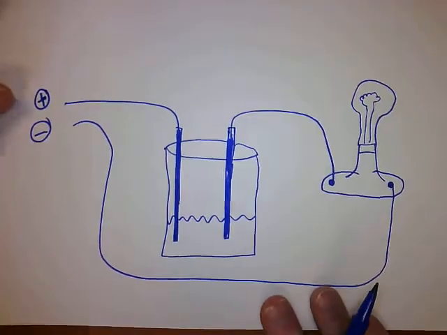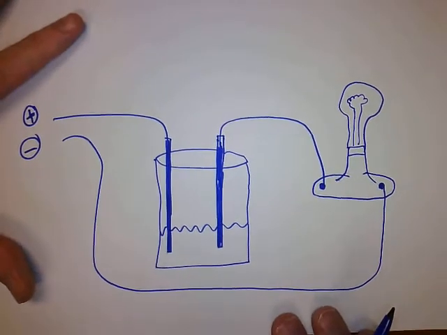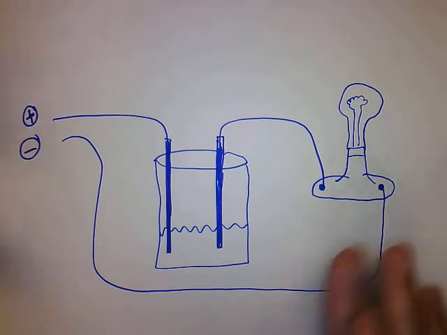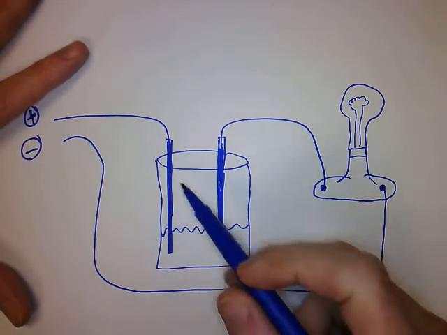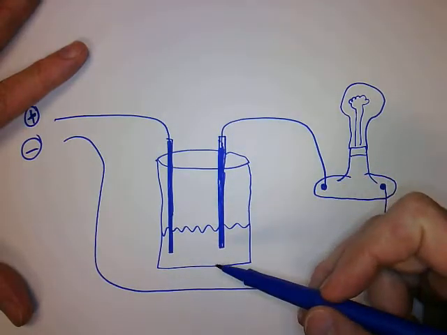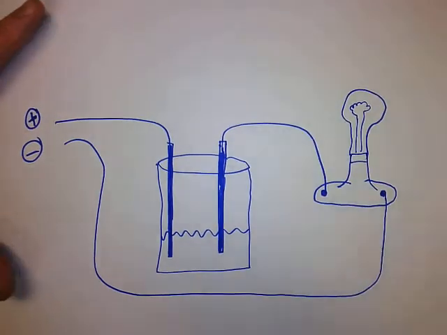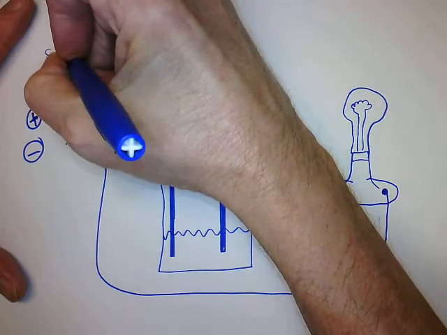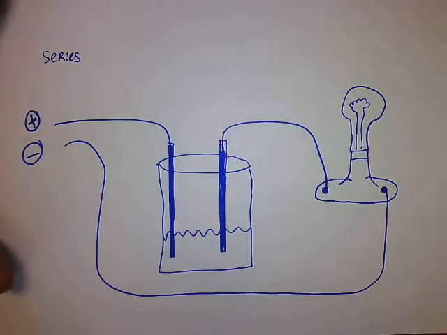I'm not going to actually do the demonstration, but there's a classic demonstration that you can do, showing solutions that conduct electricity. So we could have a beaker here with a couple of electrodes in it. This is what we call a series circuit.